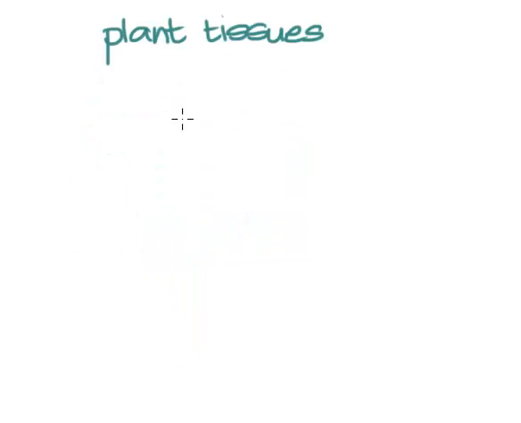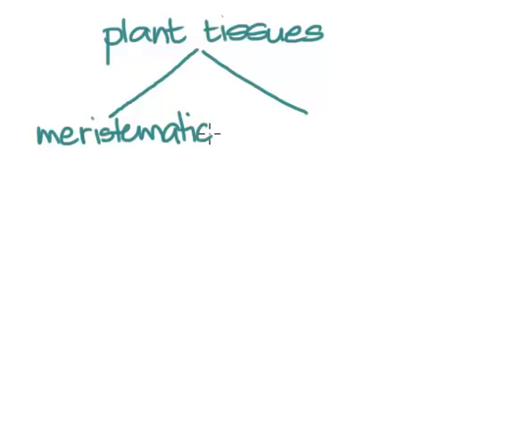Now, what kinds of plant tissues are there in a plant? Well, the types of tissues that we're going to find are divided into two main groups. We find meristematic tissue and permanent tissue.